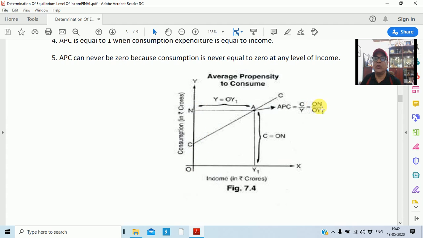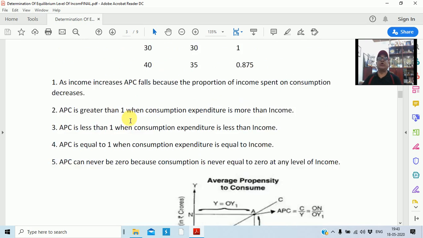ON is the total consumption. And at point A, total income Y, how much? OY1. So your APC is equal to C by Y, which is ON by OY1. This is how with the help of the diagram you can explain the concept of APC.